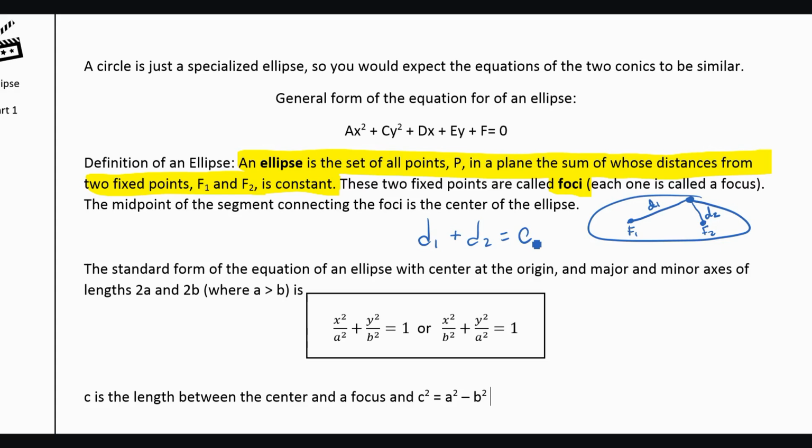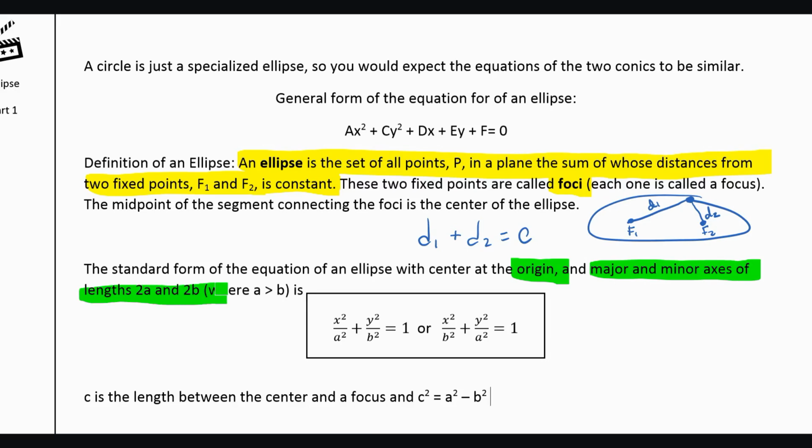We're going to start by looking at the equation of an ellipse with the center at the origin. Right now we're just going to be centered at 0, 0, with major and minor axes of length 2a. I'll explain what the major and minor axes are in just a minute. We always assume that A is bigger than B here.